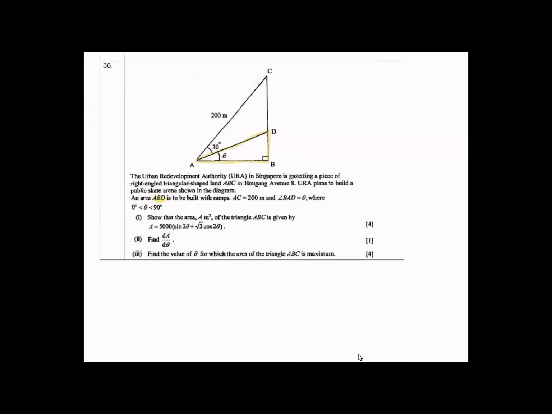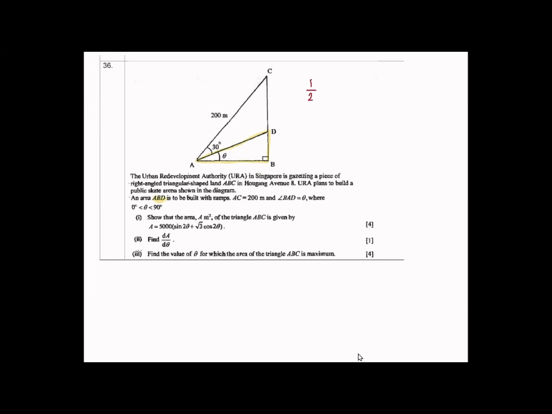How? What kind of angle do you see here? Right angle triangle. So how to find area of triangle ABC first?